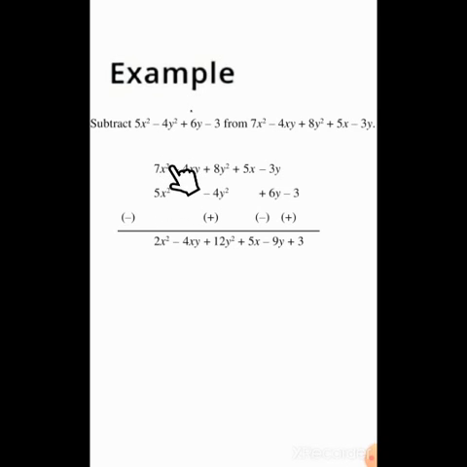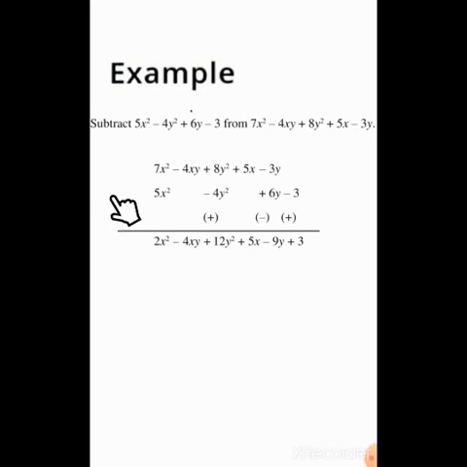So 5x square we put in the 7x square column, minus 4y square we put in the y square column, plus 6y we put in the y column, and minus 3 is a constant. In the 7x square expression there is no constant, so we put it in another column.